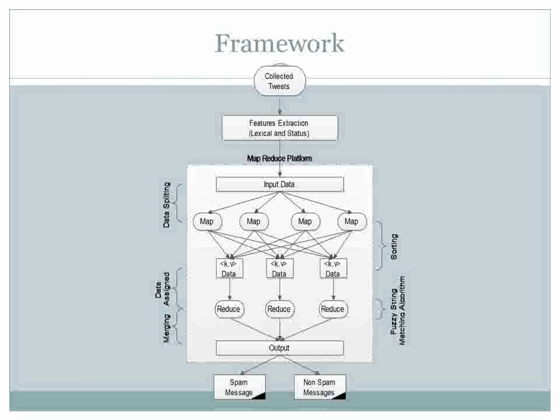Then the data is assigned to reducers, and the reducer reduces the data and produces the output. Here, the output can be either spam or non-spam, and all of the results from the reducers are merged to produce a final output, which includes two sets: spam messages and non-spam messages.